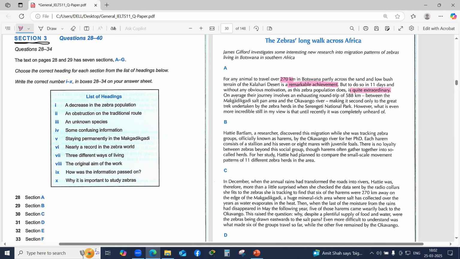On an average, their journey involves an exhausting round trip of 588 kilometers between the Makadikadi salt pan area and the Okwango River, making it second only to the greatest trek undertaken by zebras. However, what is even more incredible in my view is that such kind of migration is completely unheard of.